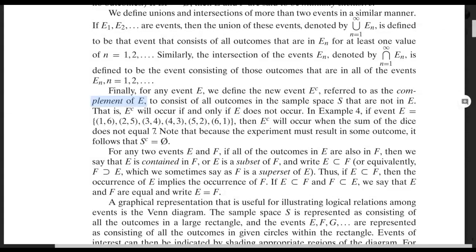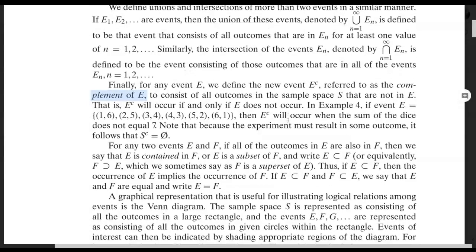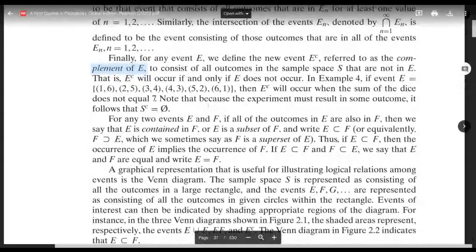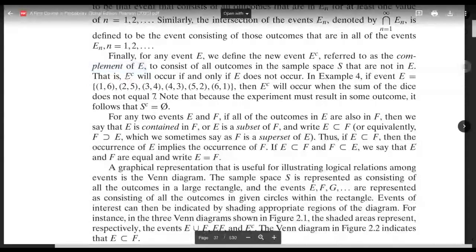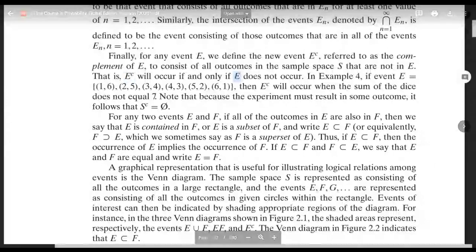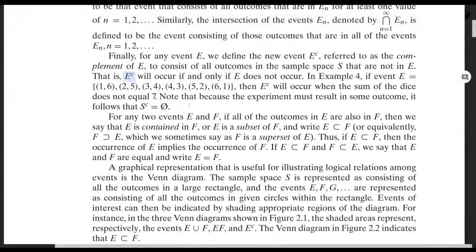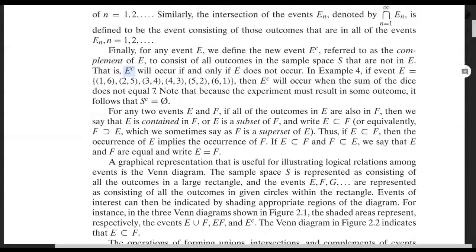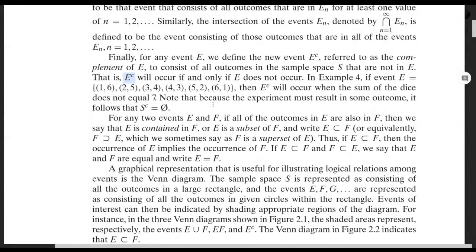Then what's the complement of the event? The rest of the sample space, which is a child born to be a boy. So if an outcome is in E complement, it will not be in E. If an outcome is in E, it will not be in E complement. So I would write E union E complement equals S, all right?